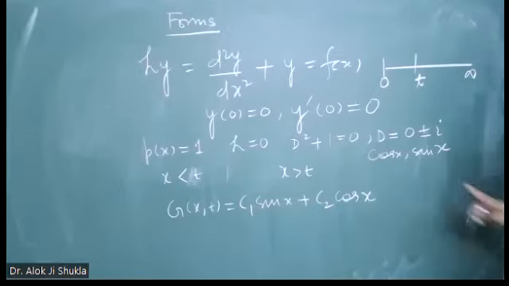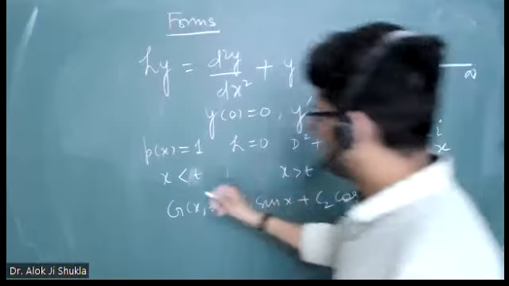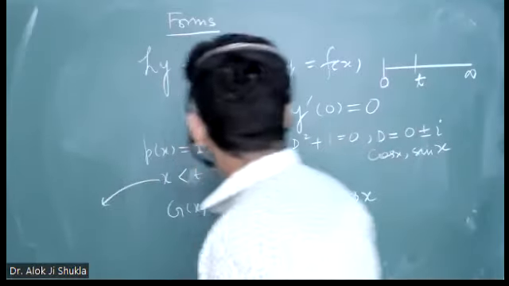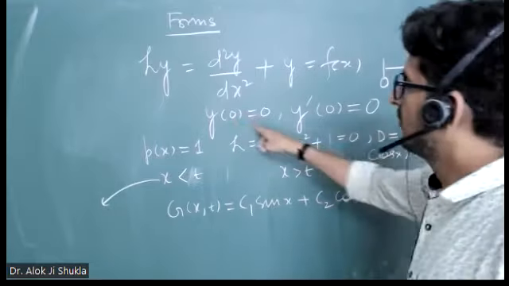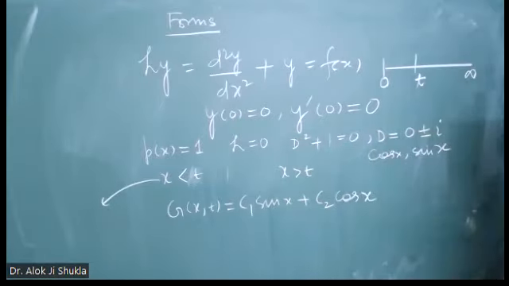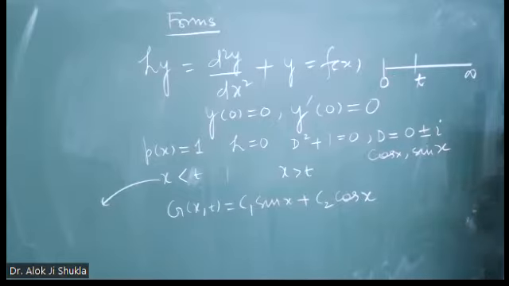So g, if I write for less than t, first of all, you can see that y of 0 is 0, right? Less than t means I can be very, very close to 0 also. So I should be free to write it like that. Write one line here so that you know it going forward.